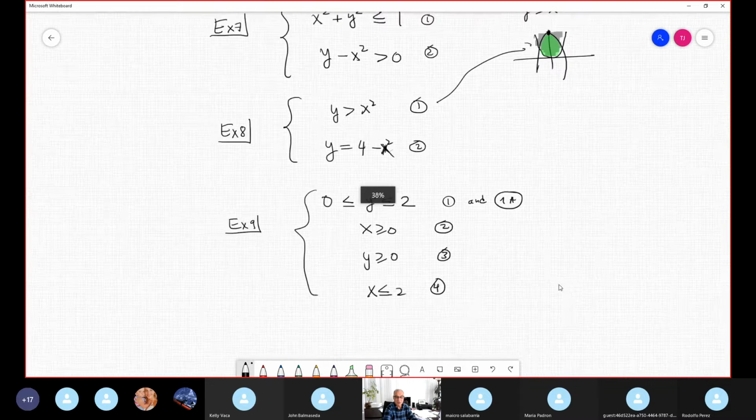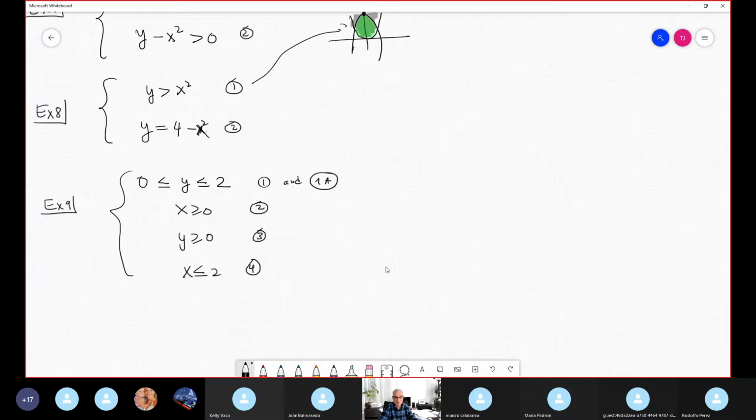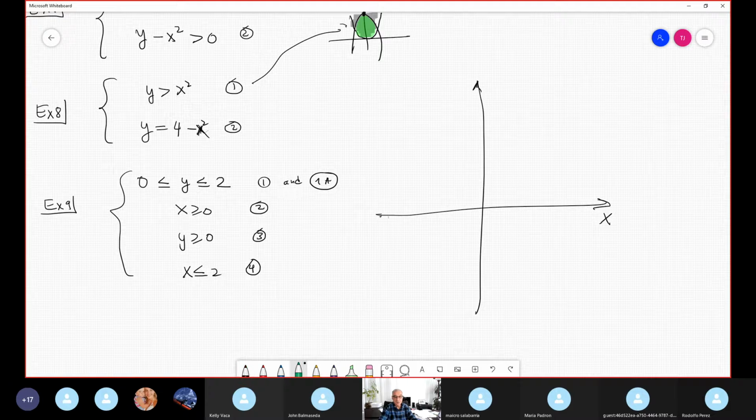Okay, let me try by hand. This is my rectangular coordinate system. The first inequality is y in between 0 and 2. 0 is exactly y equals 0, and y equal to 2 is here.